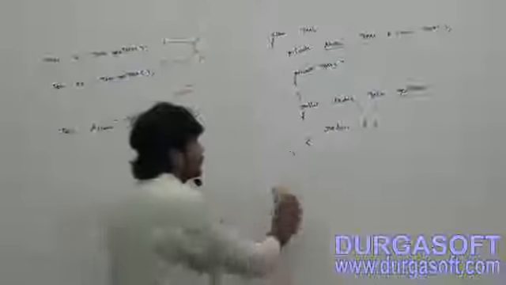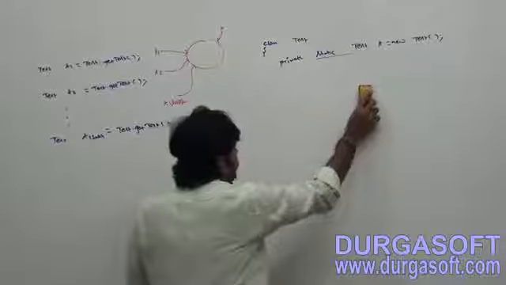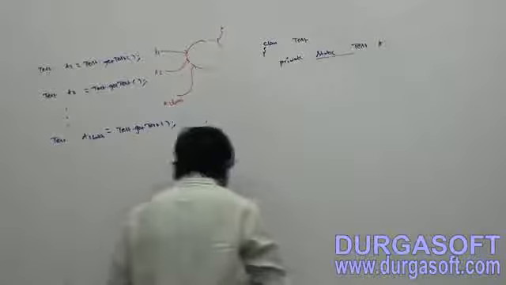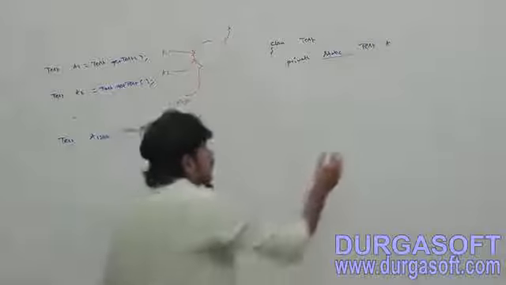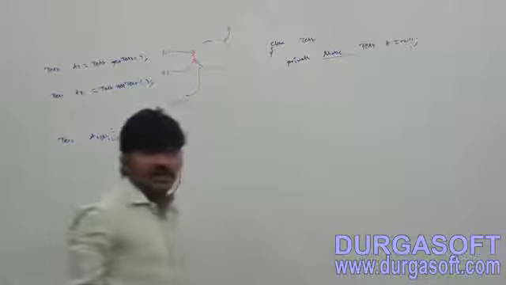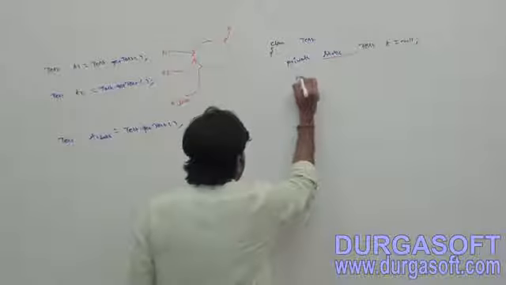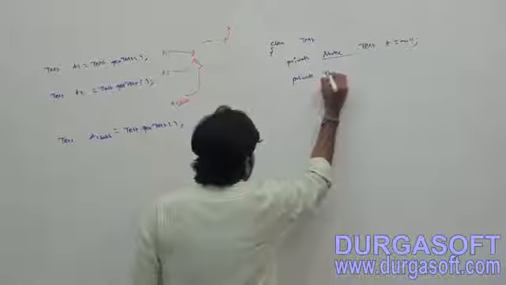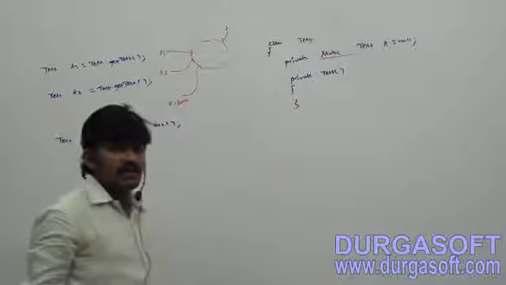Now observe, approach 2. Same thing, but with a small difference. Here see, private static Test t is equal to null. Private constructor, everything is the same.